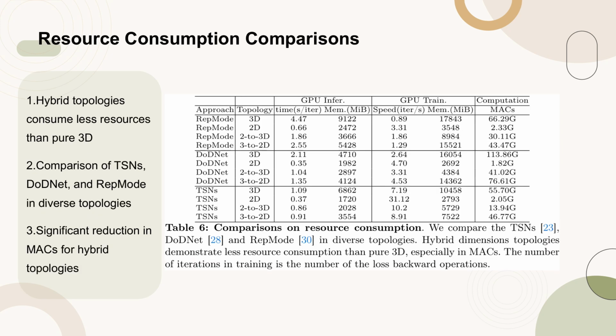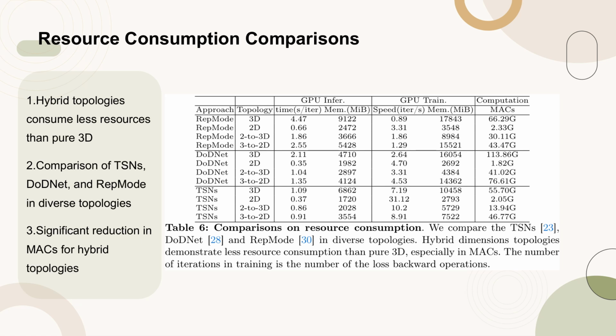Table 6 presents a detailed comparison of resource consumption across different network topologies, specifically focusing on TSNs, 2DNet, and rep mode. The data clearly indicates that hybrid dimension topologies, which combine elements of both 2D and 3D approaches, significantly reduce resource usage compared to purely 3D topologies. This reduction is particularly evident in the number of multiply-accumulate (MAC) operations, a critical metric in computational efficiency.